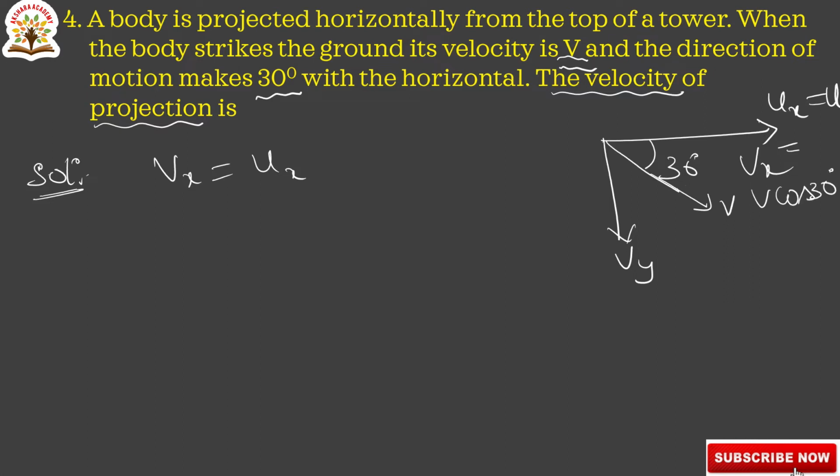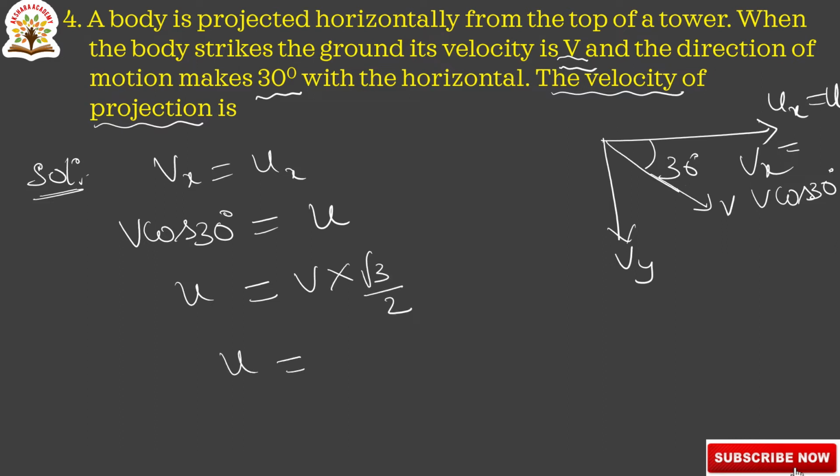So Vx is equal to ux, Vx nothing but v cos 30, is equal to u, is equal to v into cos 30, root 3 by 2. So u, the velocity of projection, is equal to root 3 v by 2. This is the final answer.